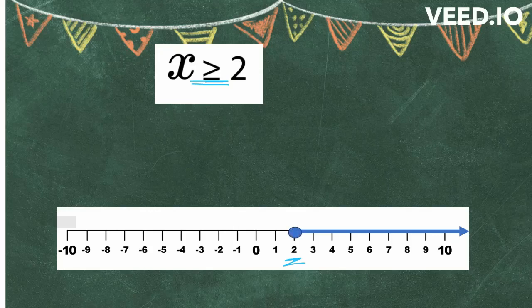So we need to shade that circle there, shade the point 2 there. Suppose we say x is greater than 2, not greater than or equal to, then x can't hold a value of 2 because it is greater than 2. So we need to remove that shaded circle here.